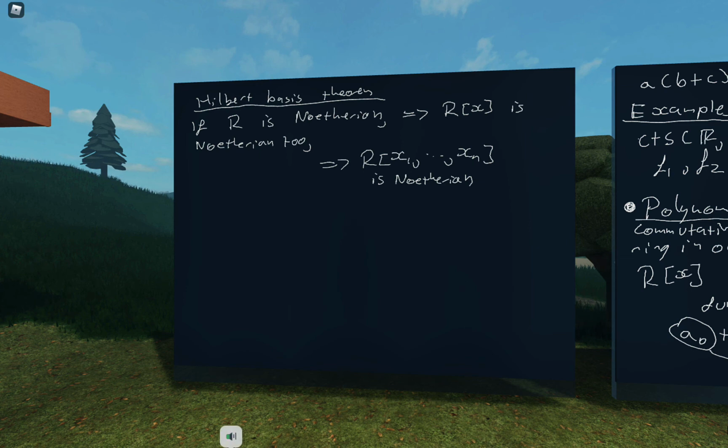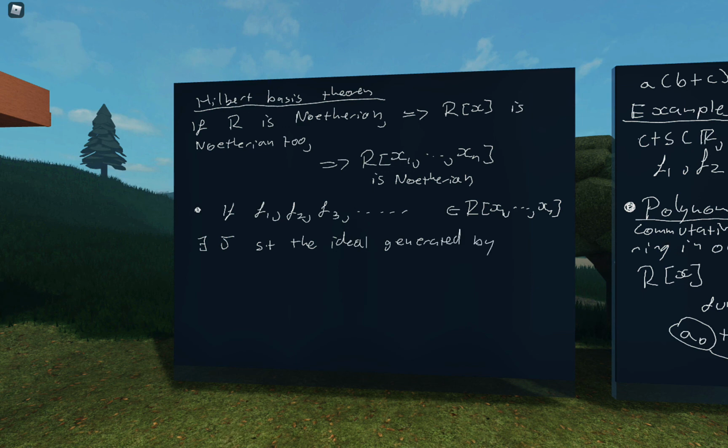But in particular, what this implies is that if you have an infinite sequence of polynomials f_j in this polynomial ring, then there exists some finite number J so that the ideal generated by all of the f_j's, all of the infinitely many, is equal to the ideal generated by just the first capital J of those polynomials.